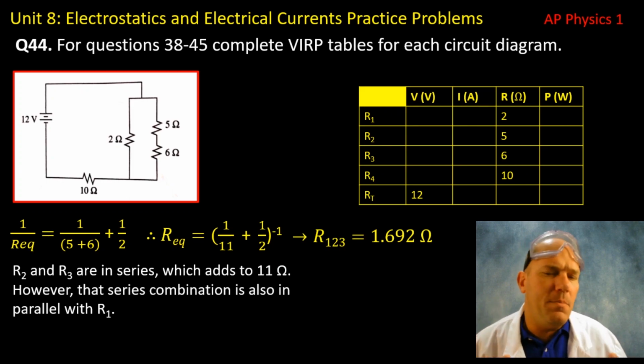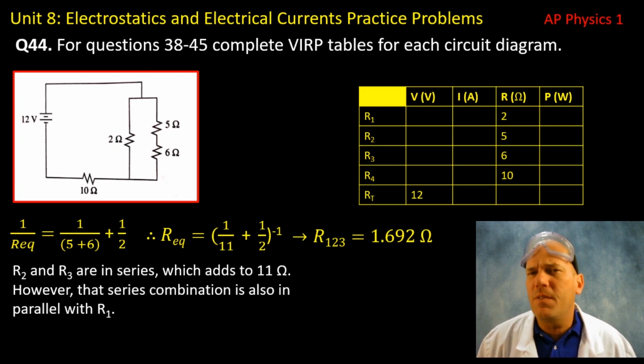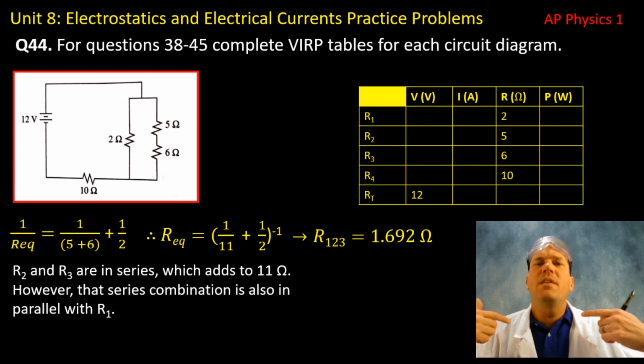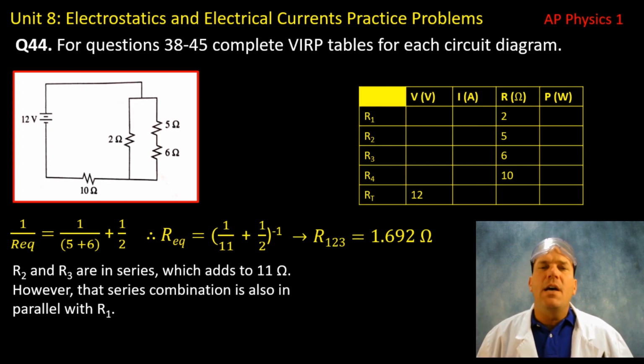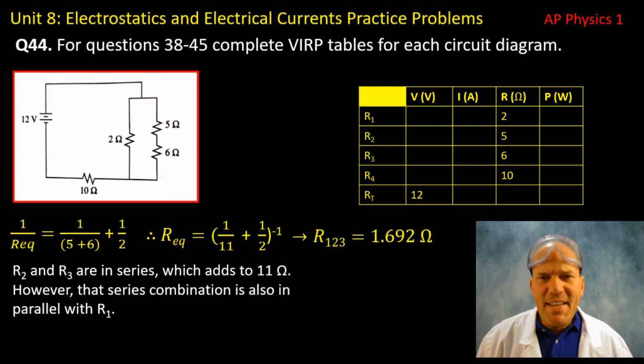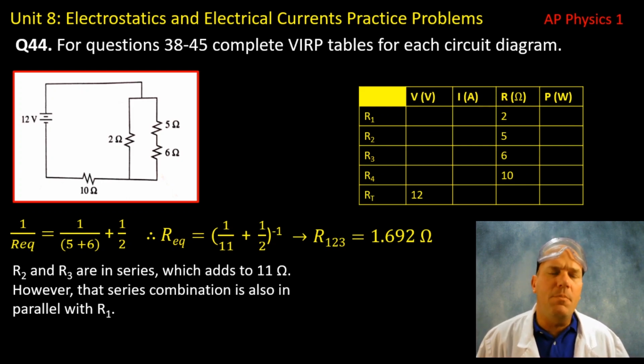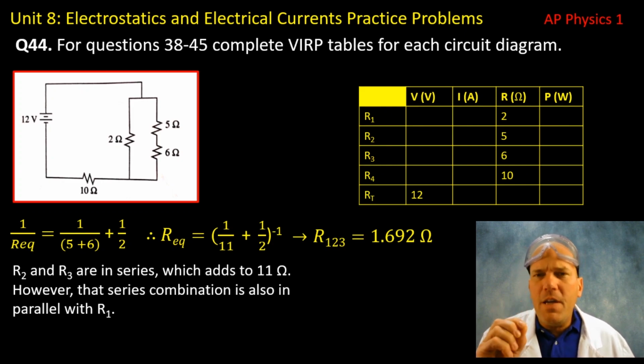Now, I do want to preface the remainder of this question and let you know that I have carried out a number of significant digits because in the end, if you're not careful with your rounding with this particular problem, you can end up with some of the voltages not adding up correctly. Very minor differences.